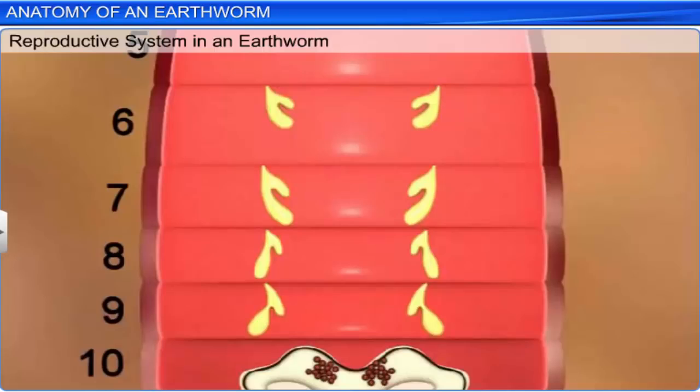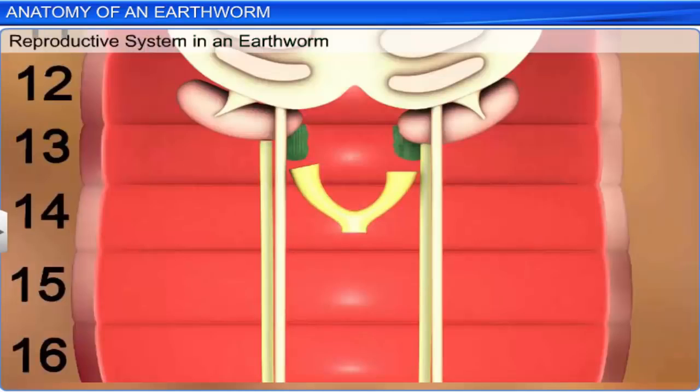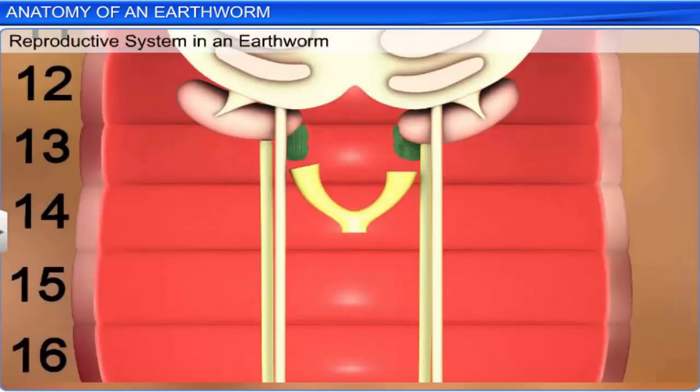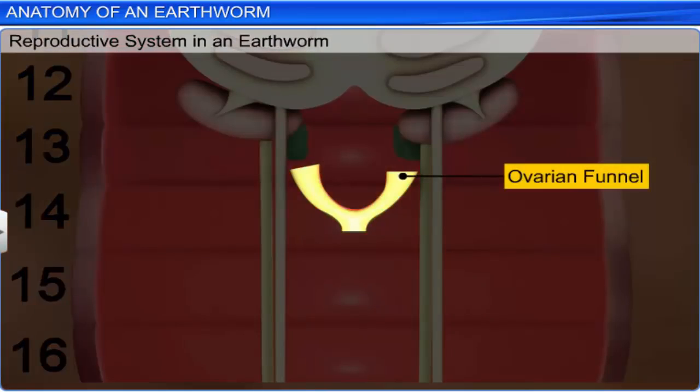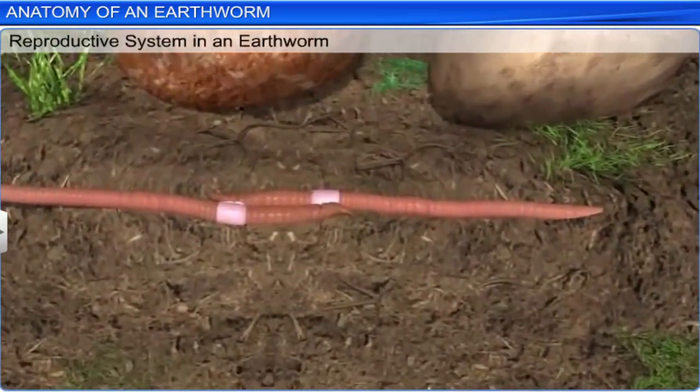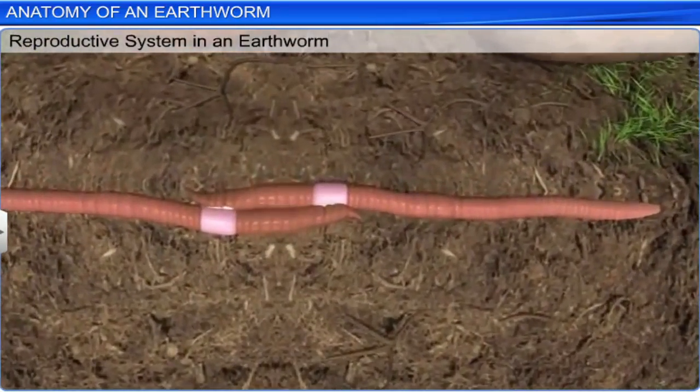The female reproductive system consists of a pair of ovaries present on the intersegmental septum of the 12th and 13th segments. Below the ovaries are the ovarian funnels, which continue into the oviduct and join to form a single female genital pore on the 14th segment. Although earthworms are hermaphrodites, each worm mates with another worm.